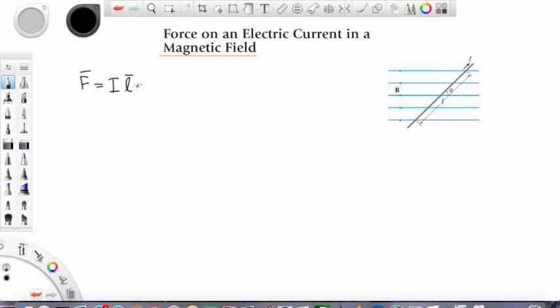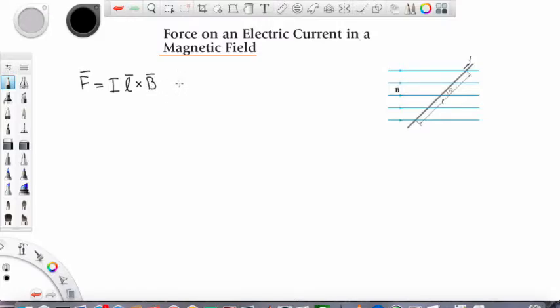And this vector is cross product with the magnetic field vector. In essence, this equation tells us that the direction of the force is perpendicular to both the direction of the current and the direction of the magnetic field.